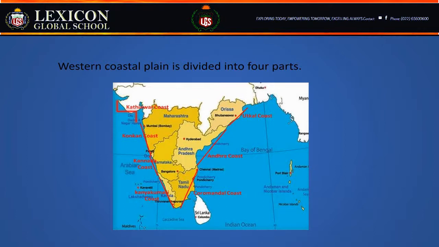Now, the Kathiawar coast that covers the Gulf of Kutch and Gulf of Cambay lying in Gujarat is also known as the Gujarat coast. Then, if we move southwards, in the state of Maharashtra and Goa, the coastline is called Konkan coast. The Karnataka coast is known as the Kannada coast, and the coastal area of Kerala is known as the Malabar coast.